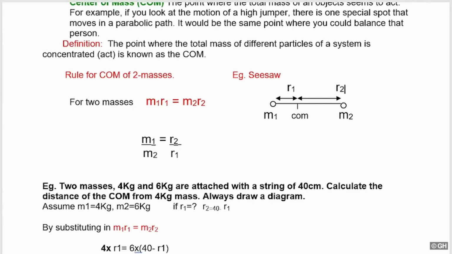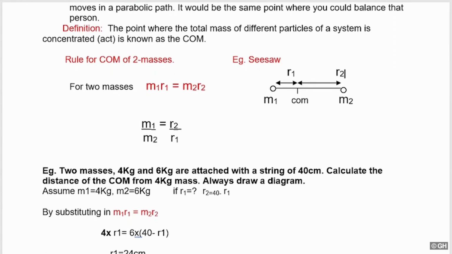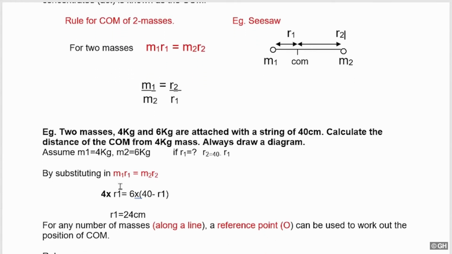Alright, applying the formula. M1R1 equals M2R2. We are assuming M1 as 4 kilogram, M2 as 6 kilogram. R1 is the distance from the 4 kilogram mass, and R2 is the distance from the 6 kilogram mass.